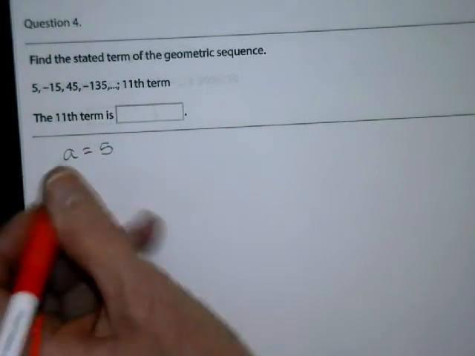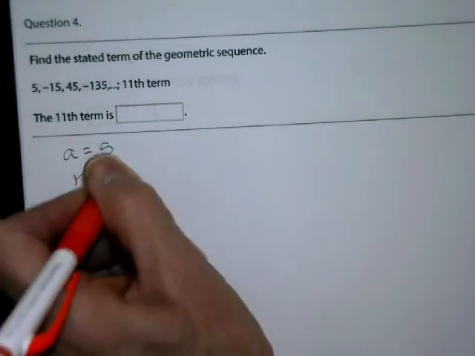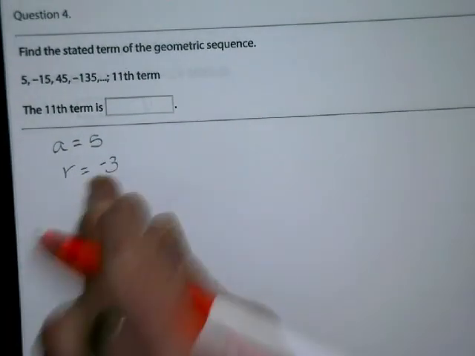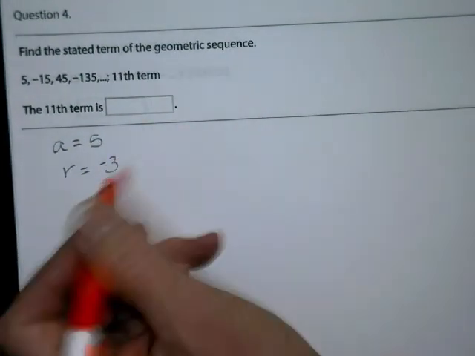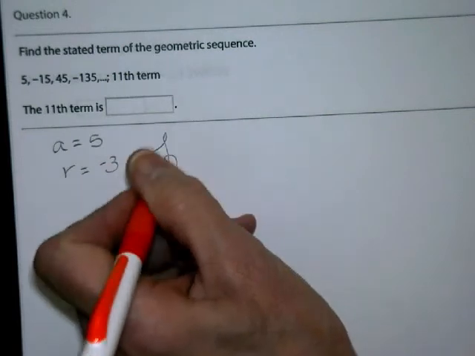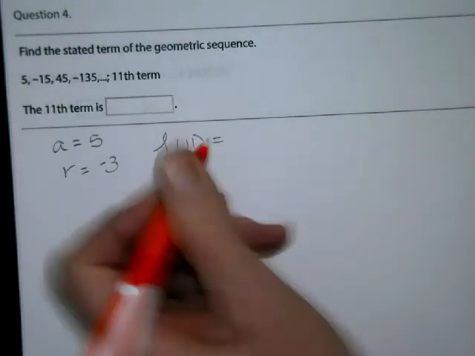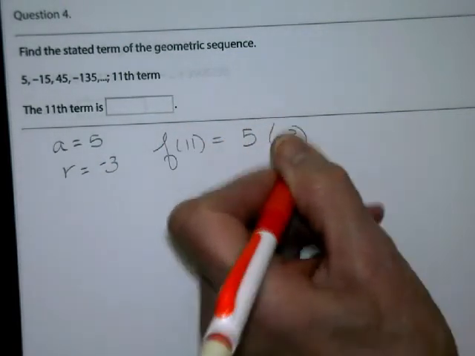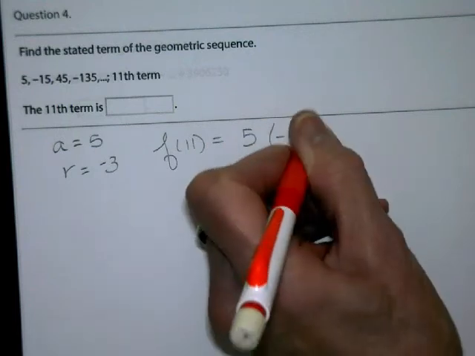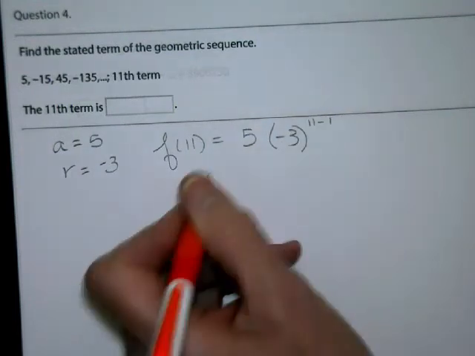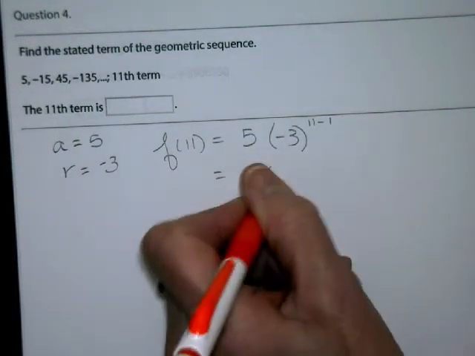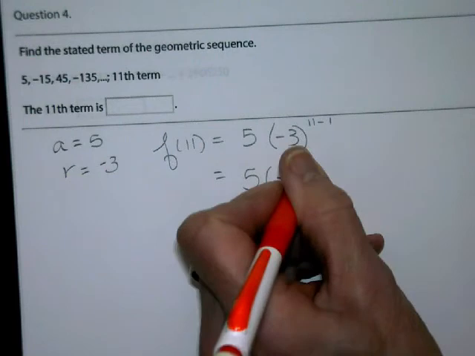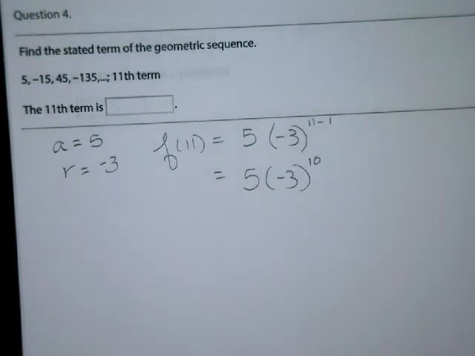Another one. A is 5. R looks like a negative 3. So watch your negatives. So the initial term, the 11th term, is a times r to the 11 minus 1 power. So that is 5 times a negative 3 to the 10th power.